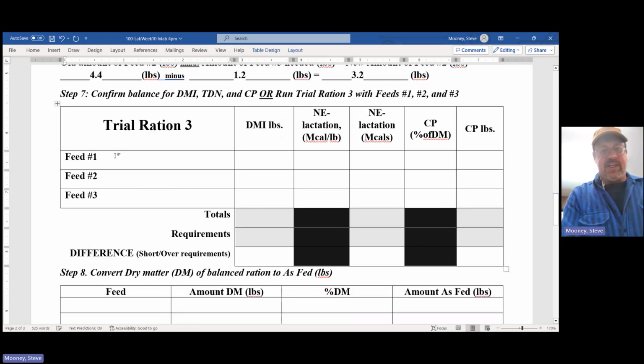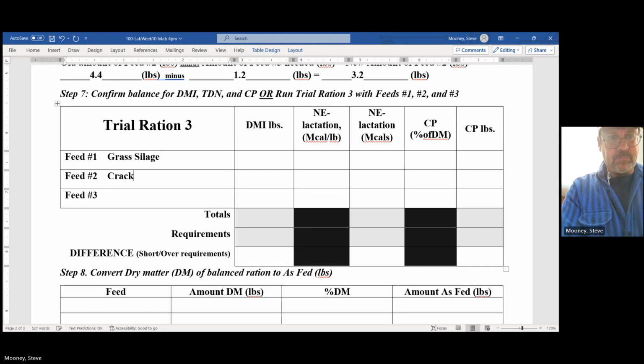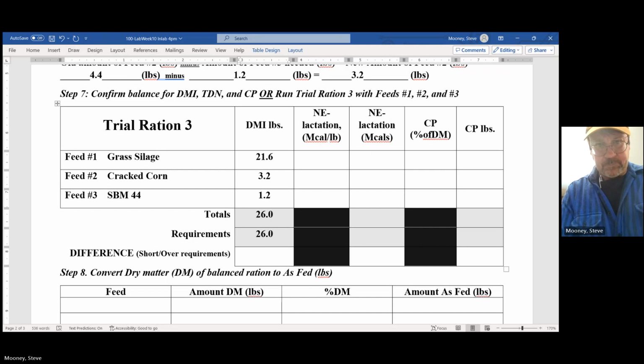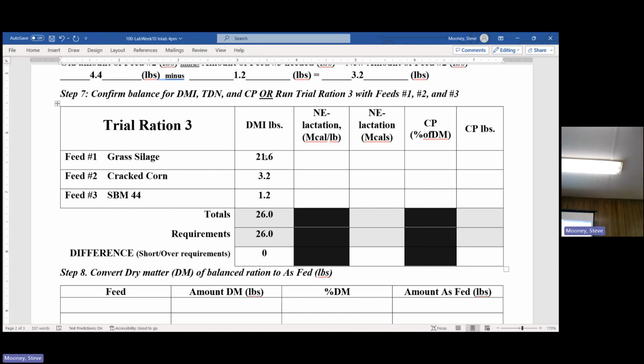We've got our 3 feeds once again. So how do we get the first row?